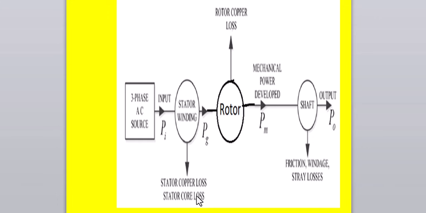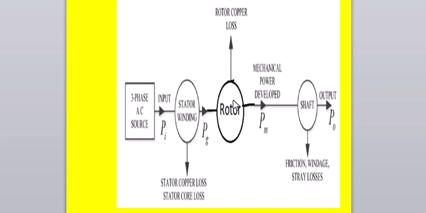So the stator output will be the stator input minus stator losses. Stator losses means stator copper loss plus stator core loss. That is, Pi minus these losses is the output from the stator. And the output from the stator is called the air gap power, that is also called input to the rotor.